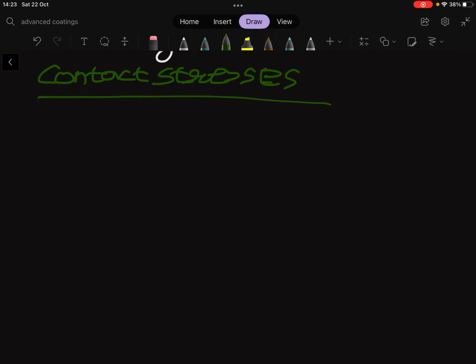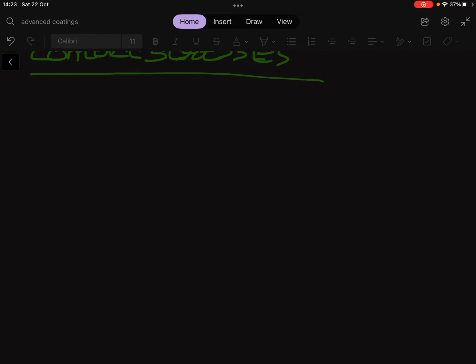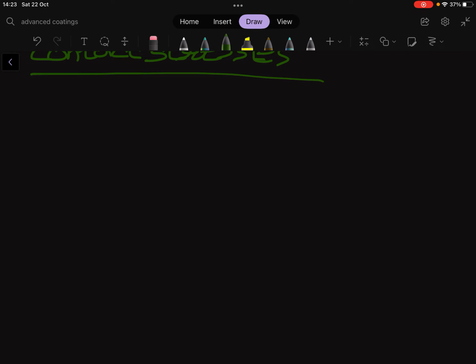Okay, so let me plot one diagram. This is a rough diagram, not a complete one.